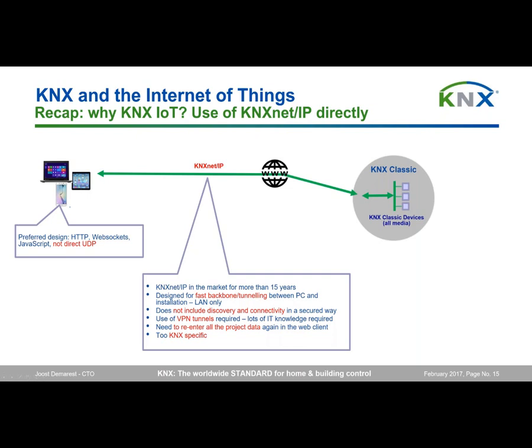It was designed for fast backbone and tunneling solutions between a PC and an installation, and it actually was intended to be used on the local area network only. The solution also does not include discovery and connectivity in a secured way.